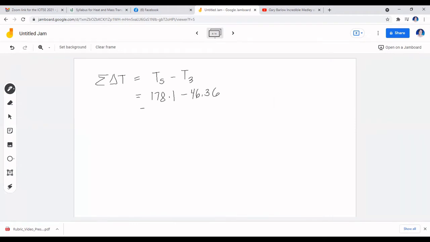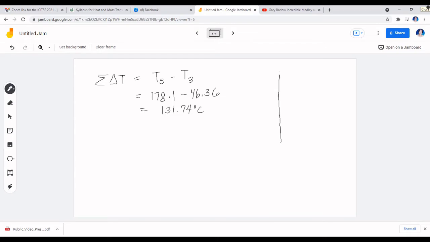So you will have a crude delta T here of 131.74. So kindly get your calculator, and you can check my values here as well.